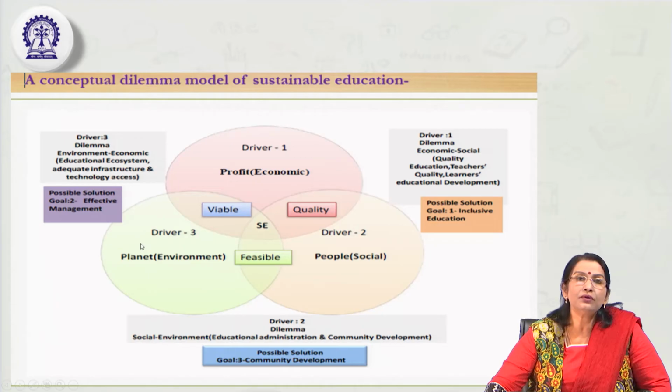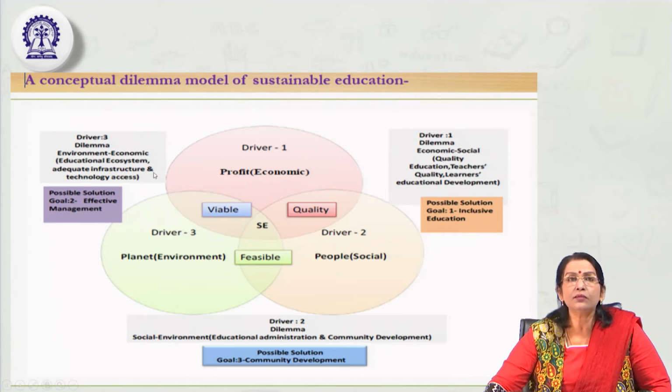Effective management requires not only infrastructure and financial resources but also proper channelization of the resources in developing the ecosystem or environment, with technology access, proper equipment, infrastructure, cleanliness, safe drinking water and everything. So when these drivers interact there may be dilemmas, but the question is how to resolve them, and if you can resolve them, that helps us.